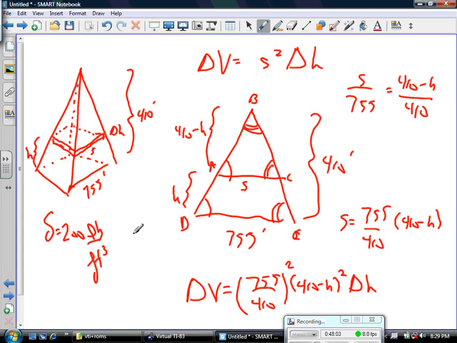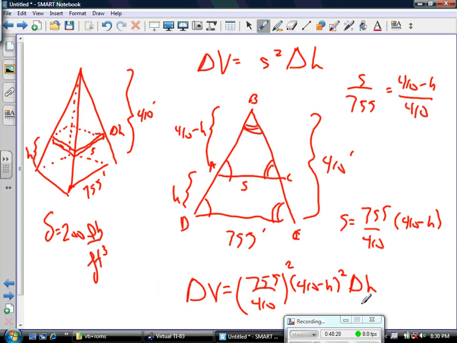Now notice this is different than before. We had cubic meters times kilograms per cubic meter gave me kilograms, not a unit of force. I had to multiply that by G. Here I have cubic feet times pounds per cubic feet gives me pounds. That's a unit of force. Remember, pounds is a unit of force. Slugs is a unit of mass. So it's a lot easier in the English system.